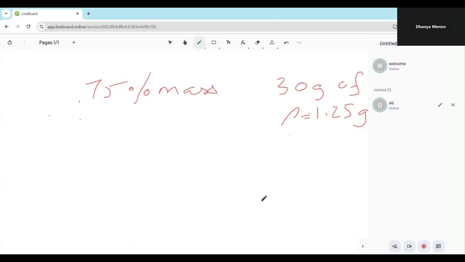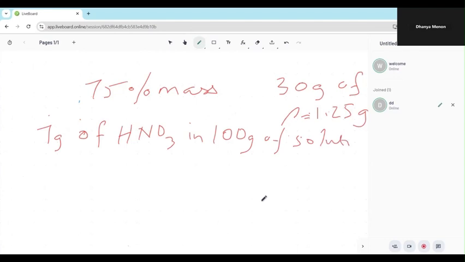Now 75% mass means 75 grams of nitric acid, that is HNO3, in 100 grams of solution. We did this in the previous sum also, right? So if I take nitric acid, that's the solute, and I take the solution.